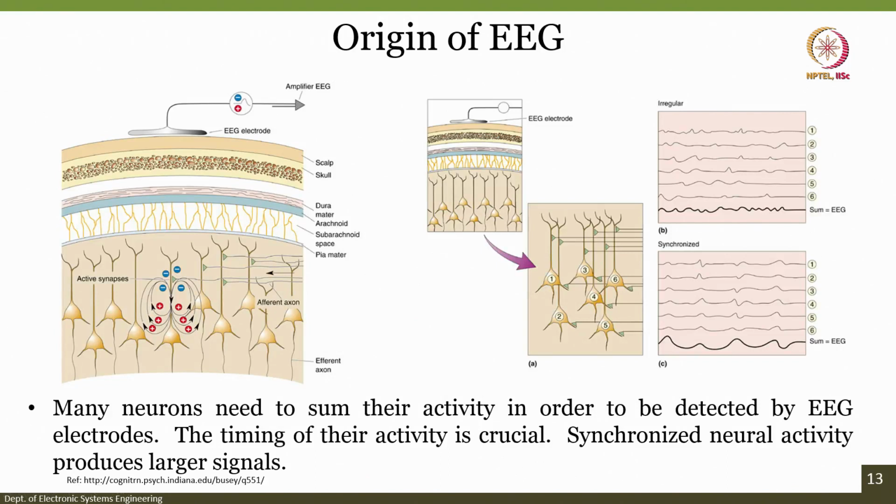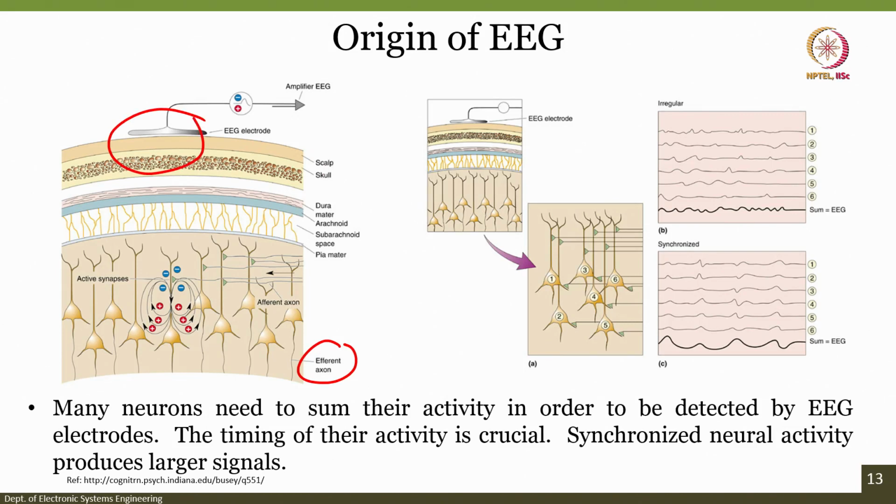So, if you understand exactly where the electrical signals are arising, then these are the efferent axons and active synapses. There is a pia mater, there is a subarachnoid space, there is a dura mater, on that there is a skull, on that there is a scalp, on which we are placing the EEG electrodes.